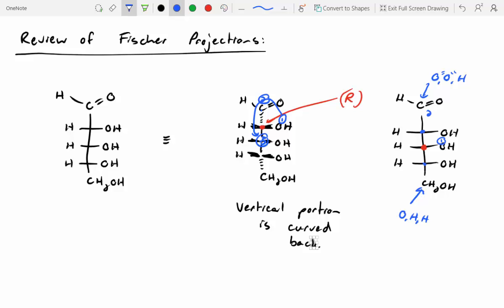So we could go 1, 2, 3. So now we are going counterclockwise. Will this be R or S? R, because if we think about it, the hydrogen, again, is going to be a wedge going towards you, so we've got to flip that stereochemistry, and this will also be an R stereocenter. Yeah, so it is a little bit tricky, but if you need to, like I said, break out your model kit and kind of rotate it around in three-dimensional space.